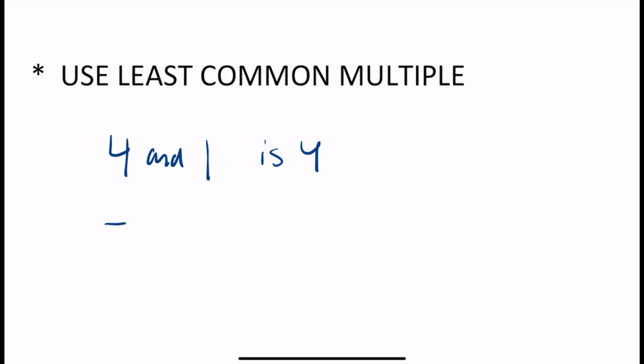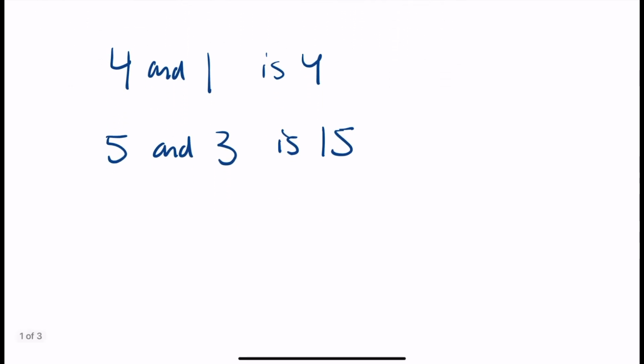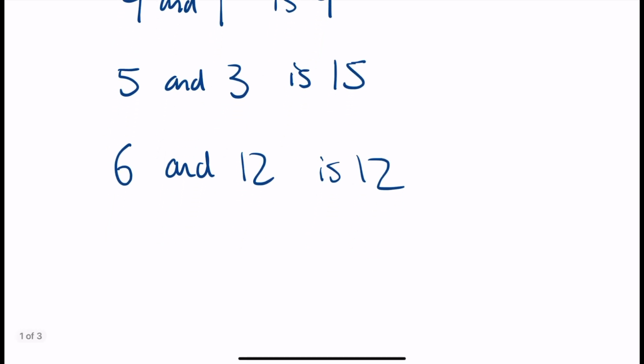The least common multiple between 5 and 3 is 15, because these numbers cannot fit into each other, but 5 can fit into 15 3 times, and 3 can fit into 15 5 times, and that's the smallest number they can both fit into. For 6 and 12, the least common multiple is 12, because they can both fit into that number a certain number of times.